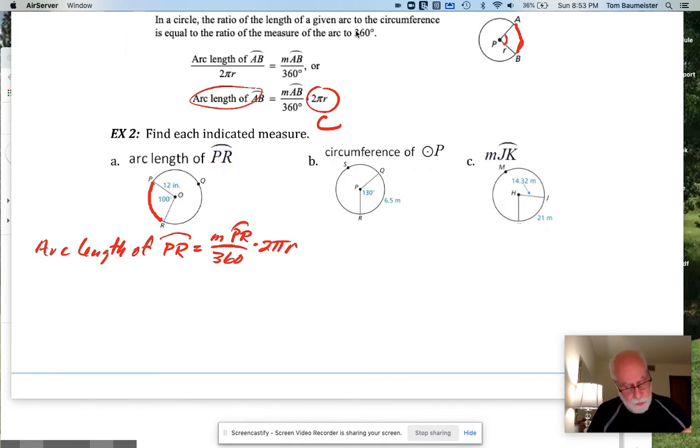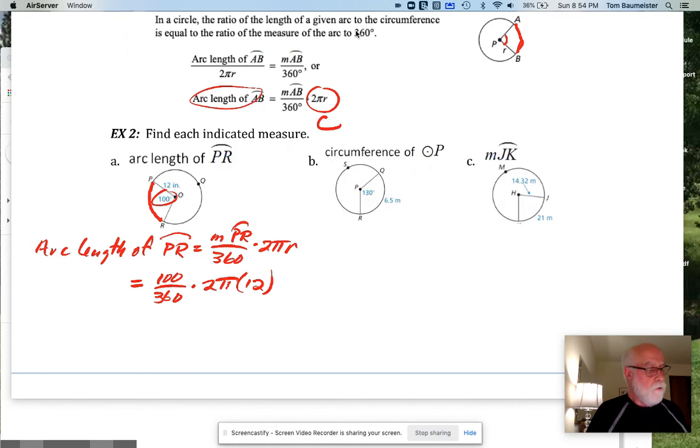Okay, so looking at our diagram here, we can again say that it is equal to, I'm not going to rewrite arc length of PR every single time for you, but we know that the measure of the angle is here. So we're going to say it's 100 over 360 degrees times 2 pi, and our radius in this example is 12 inches.